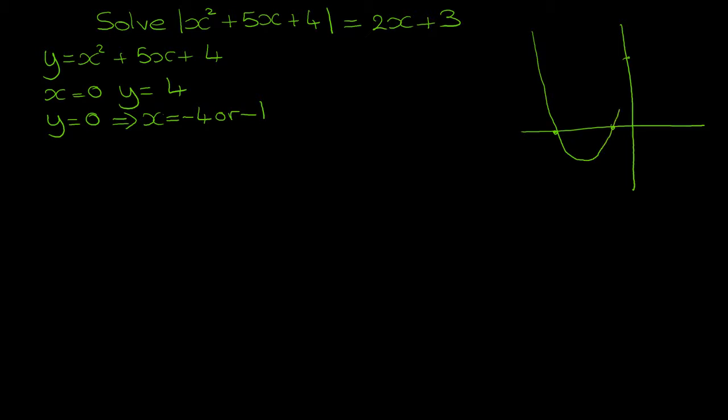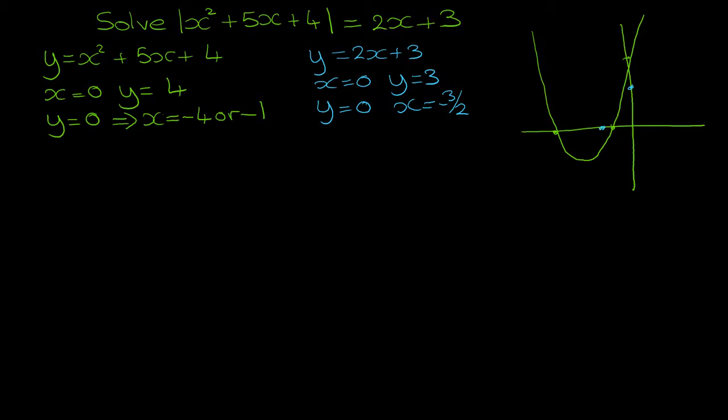Now we need to do the same for the other side. So when y equals 2x plus 3, x equals 0, y equals 3, y equals 0, we get x equals minus 3/2.